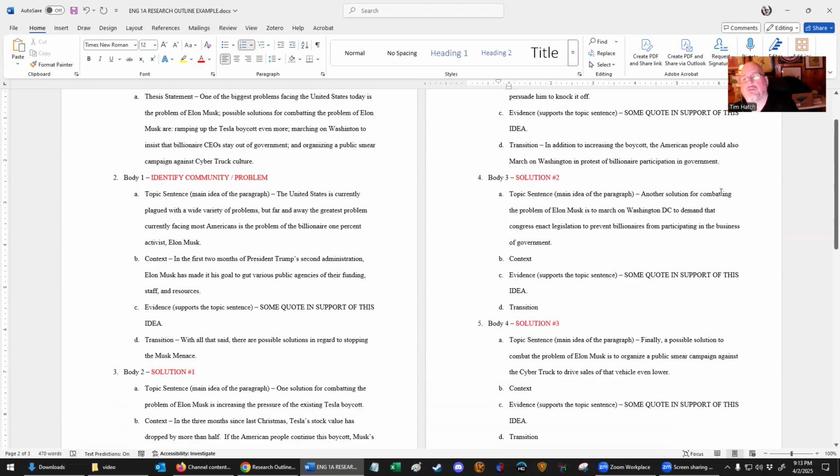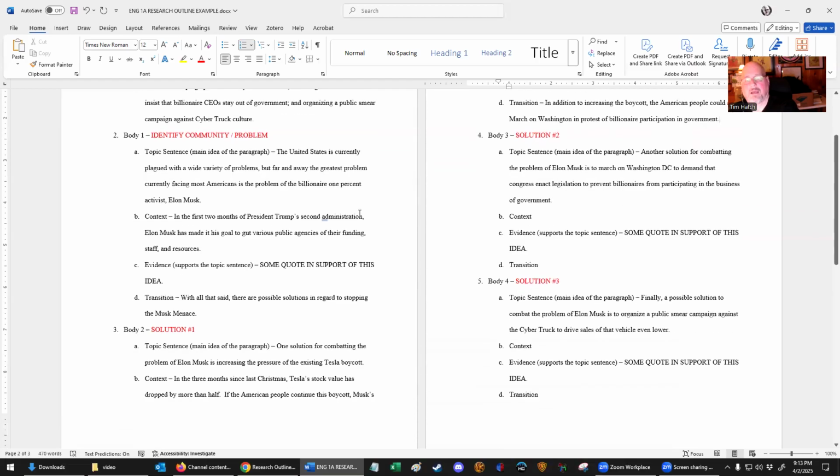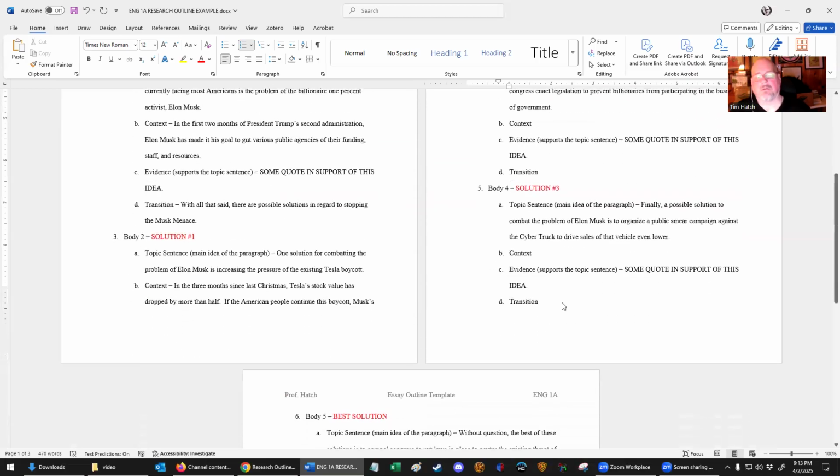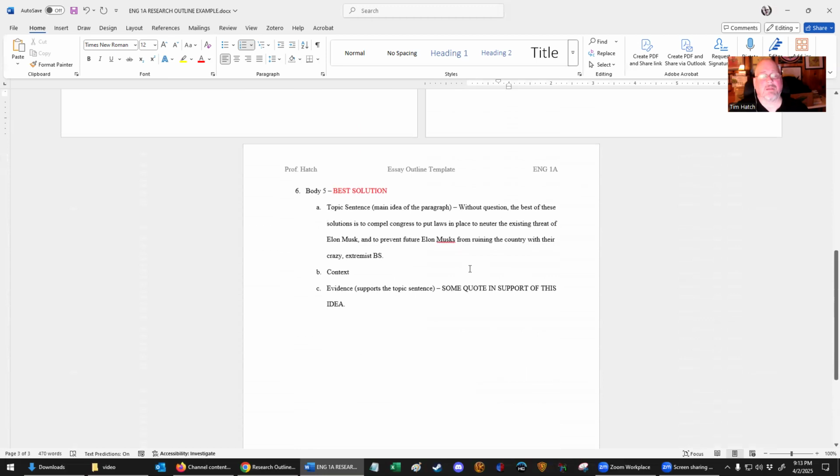And then another solution for combating the problem of Elon Musk is to march on Washington, D.C. to demand that Congress enact legislation to prevent billionaires from participating in the business of government. Awesome. Okay, so that is where I'm going to stop.